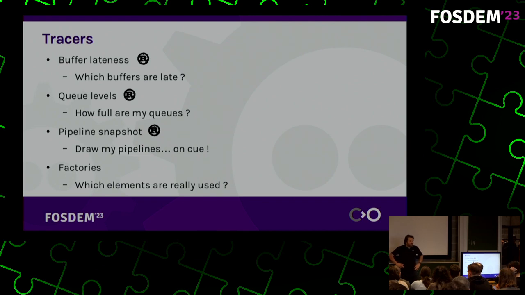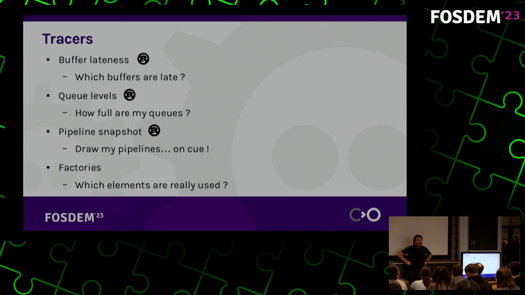We have one to draw pretty pipeline snapshots. So for a long time we had a feature where we could draw a dot file to draw a picture of the pipeline, but this added some code to your application to actually trigger it. With this tracer, now you can just listen to a Unix signal and trigger it on the spot. The last one is the factories tracer. This is really the very first feature that I mentioned.